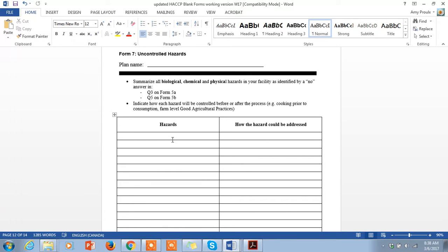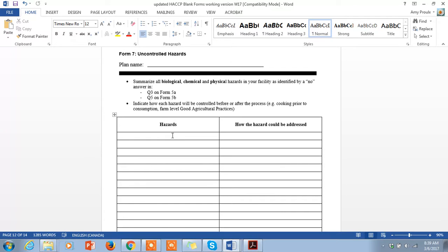This form is typically used for products that need additional processing, either in a B2B scenario, business-to-business scenario. For example, if I was a business buying chicken cutlets that needed to be cooked additionally, or if I was selling a product to grocery retail, so a B2C scenario where there is cooking instructions provided to the customer.